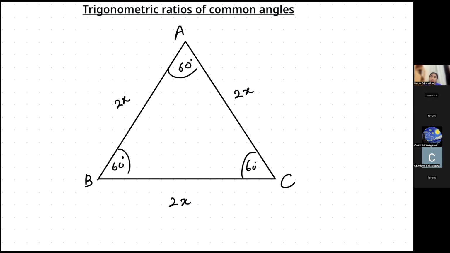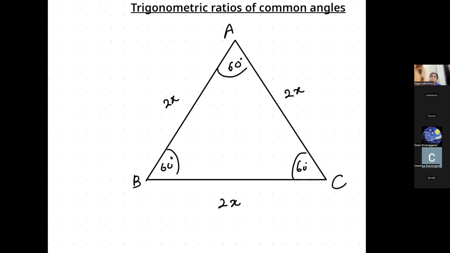If I say an equilateral triangle is an isosceles triangle, is that true? Quickly tell me. You can give me a thumbs up if you think it's correct. An equilateral triangle is also an isosceles triangle. Yes or no?